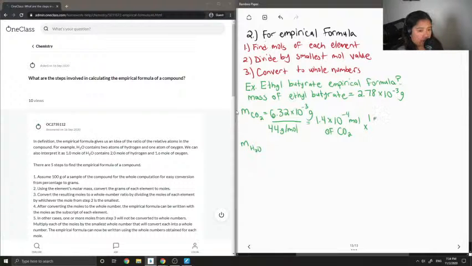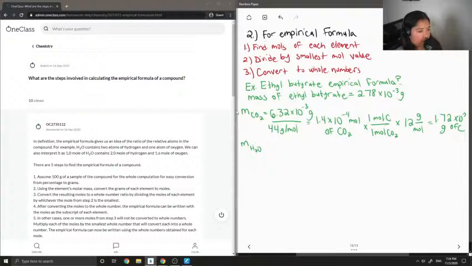Since there is 1 mole of carbon for every mole of CO2, that's how you would find the moles of carbon. Then to find the mass of carbon, I'm going to multiply by its atomic mass to get a final value of 1.72 times 10 to the negative 3 grams of carbon.